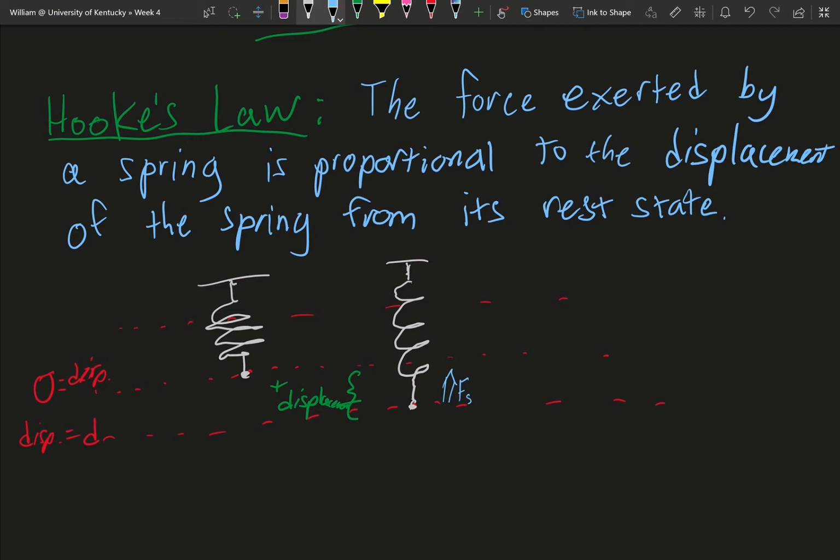Similarly, if we push it in, so if we squeeze it so it gets all the way up here, then the spring is going to want to expand, and we're going to get a positive force vector going down. So this is sort of backwards, but up direction is going to be negative, and down direction is going to be positive.